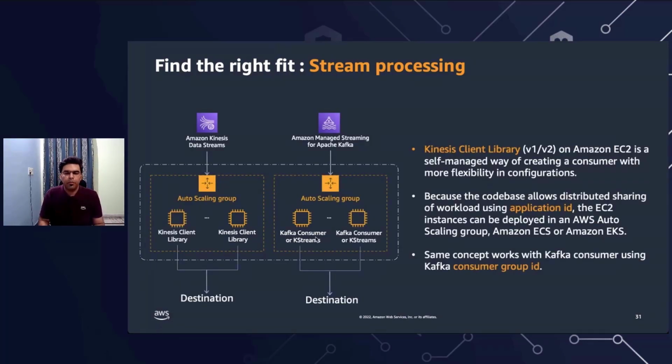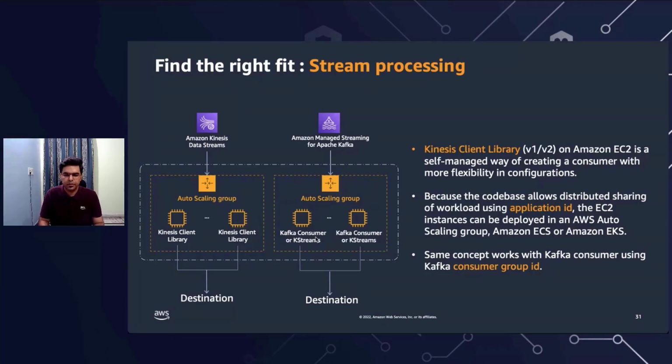These projects can be deployed onto EC2 instances and then either deployed in an auto scaling group or as an ECS service or an EKS pod for that matter. And the scaling happens as per the choice of orchestrator or the auto scaling group definitions.